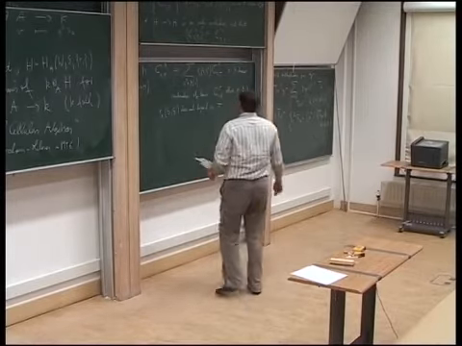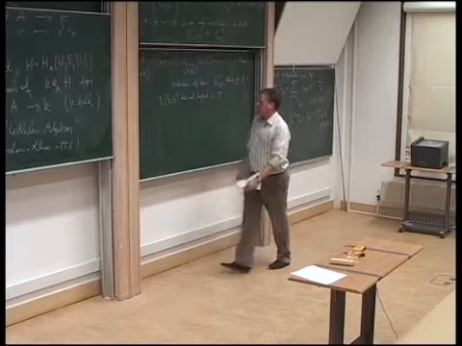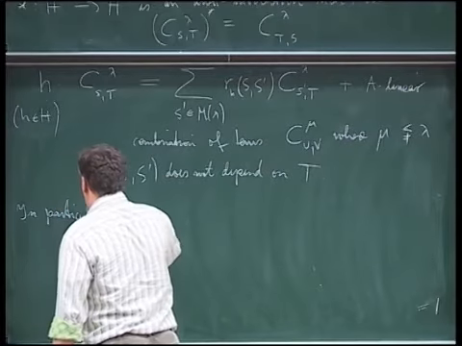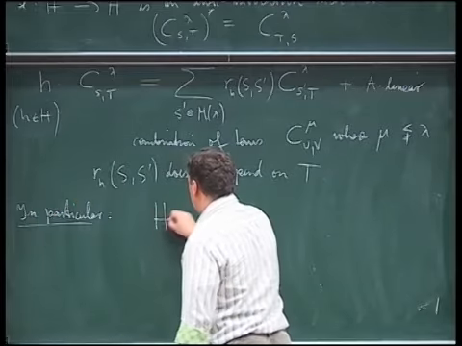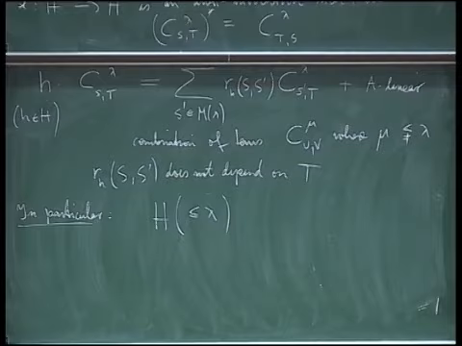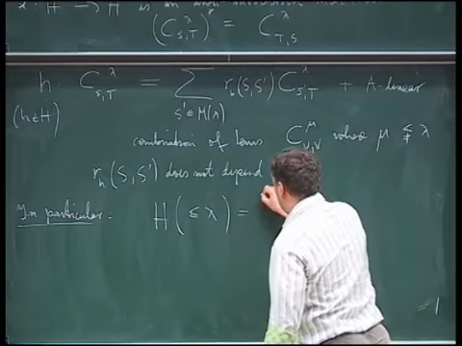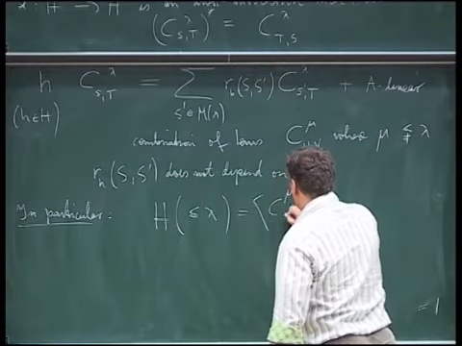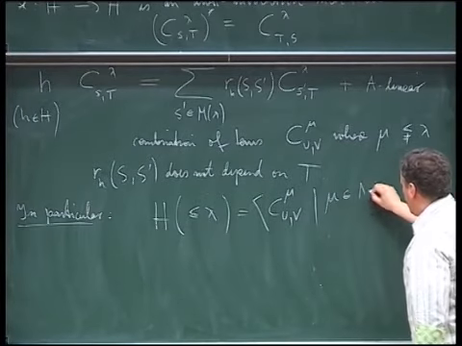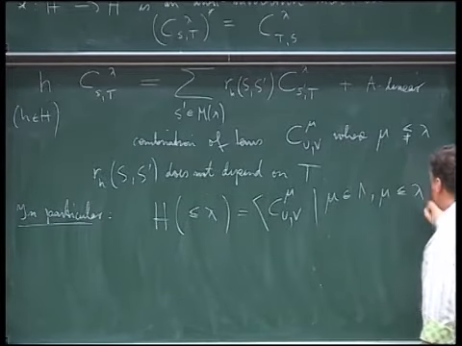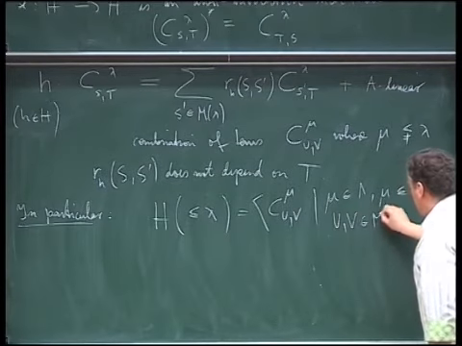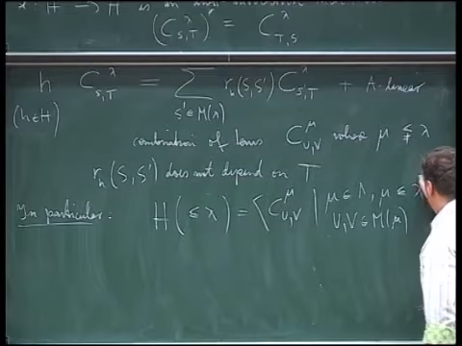So you see, in particular, if you define these sets, given a fixed lambda, let's define this set to be the span of all C mu, where mu is less than or equal to the given lambda, and uv runs over all m in mu.